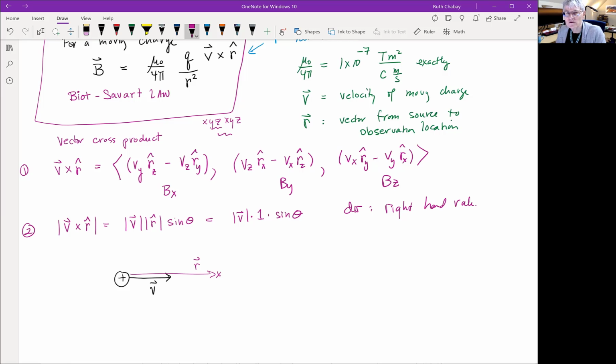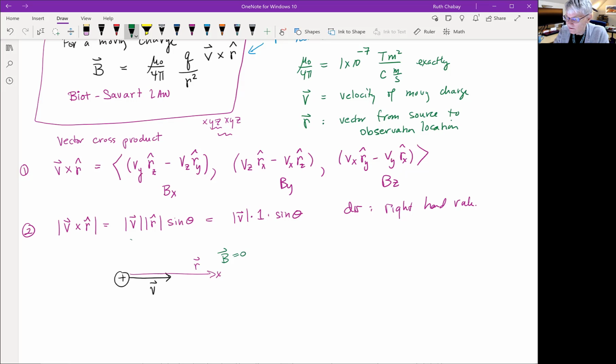What are we going to get for a direction of the magnetic field in that case? Well, it's going to come out to 0, isn't it? So B equals 0. And we can see it here.